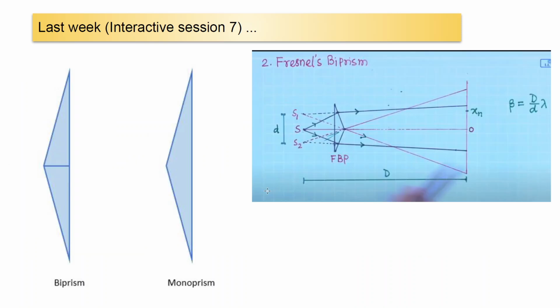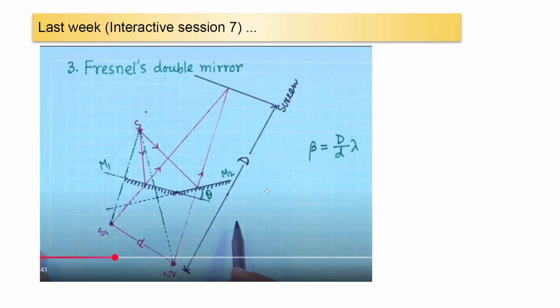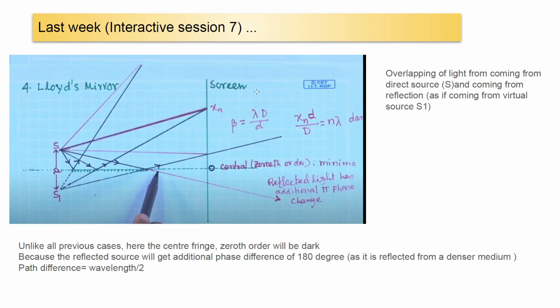After that, there were various other setups we discussed, like Fresnel's biprism, Fresnel's double mirror, and Lloyd's mirror. These were various methods where we start with a single source, and for interference we need more than one source, so we are able to get another source.